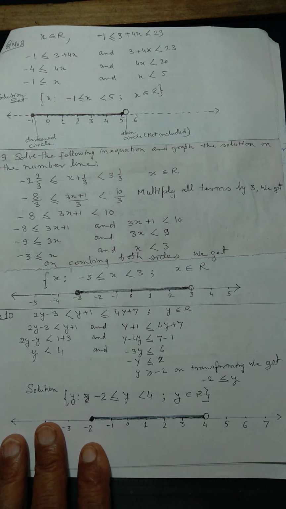Question number 8 states that given that x belongs to real, solve the following inequality and graph the solution on the number line. Minus 1 is less than or equal to 3 plus 4x and 3 plus 4x is less than 23.